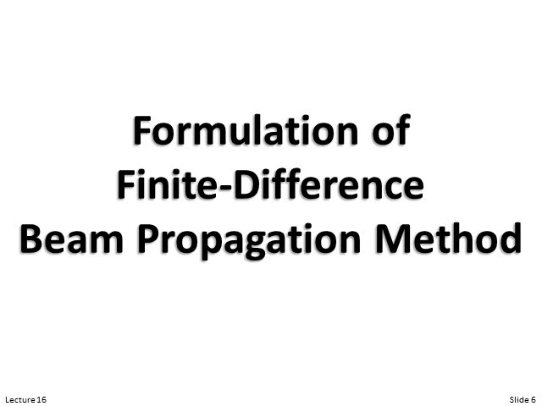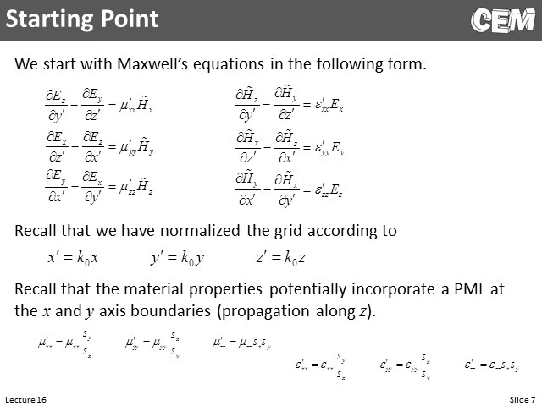So this next section now, we're going to go through the details of deriving the beam propagation method based on finite differences. So we'll call it the finite difference beam propagation method. By now, this should be a very familiar starting point. Notice we start with Maxwell's curl equations expanded into a set of 6 equations. Also notice we're using a normalized grid, and we normalize our grid by multiplying by the free space wave number.